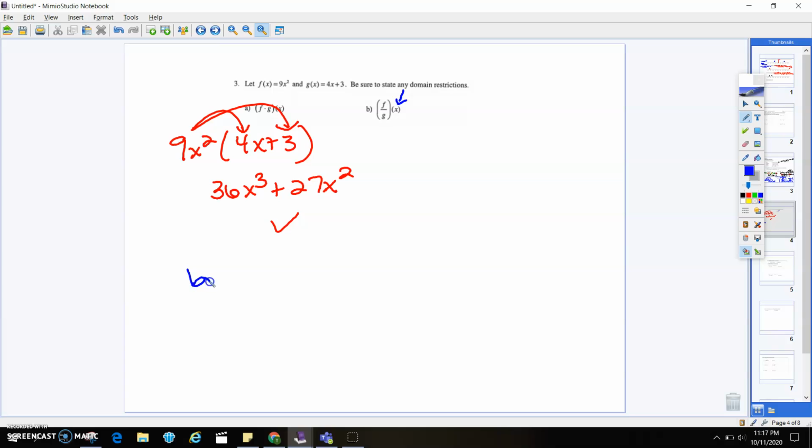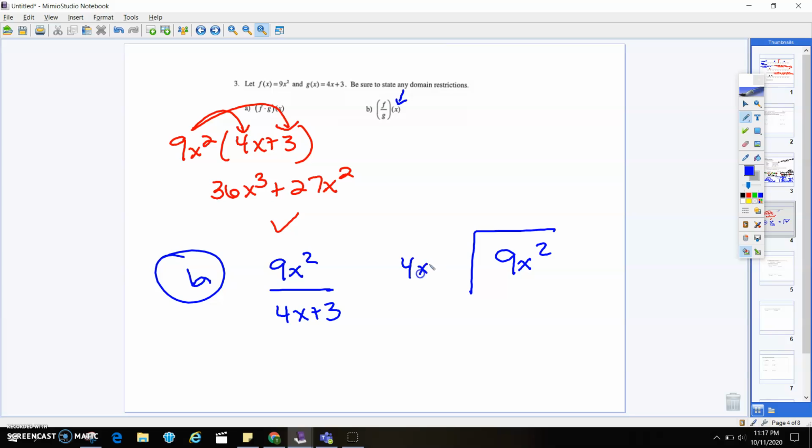All right, on B, we've got f divided by g. So we got 9x squared divided by 4x plus 3. And again, sometimes you actually have to divide this out. And that happens from time to time. And so I would ask myself, how many times does 4x go into 9x squared?